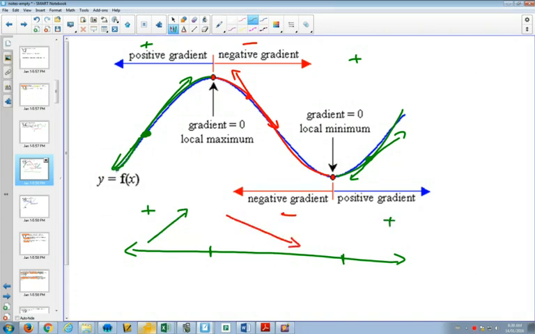And finally, positive again meant that it was increasing. And if we draw this diagram and draw the arrows the way that we've drawn them, it's really easy to see that this one's going to be a local max, and this one's going to be a local min, because our function is going up to that value and then down, and after it's going down and then back up again.